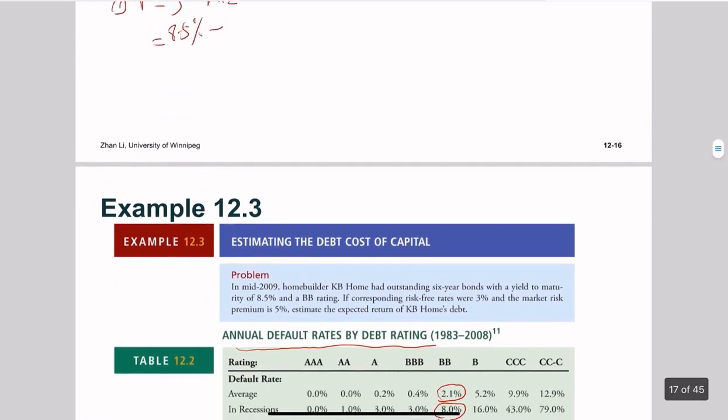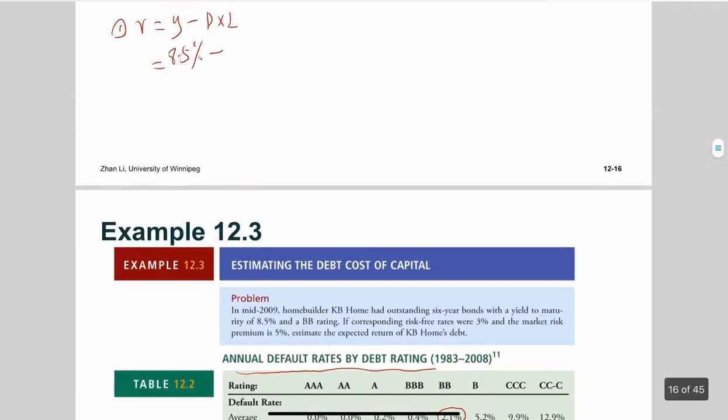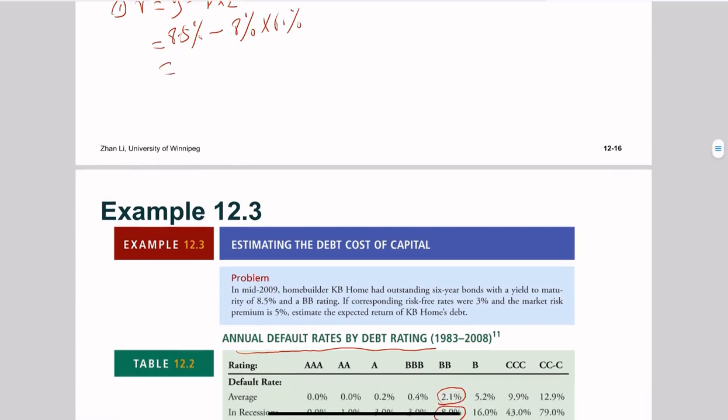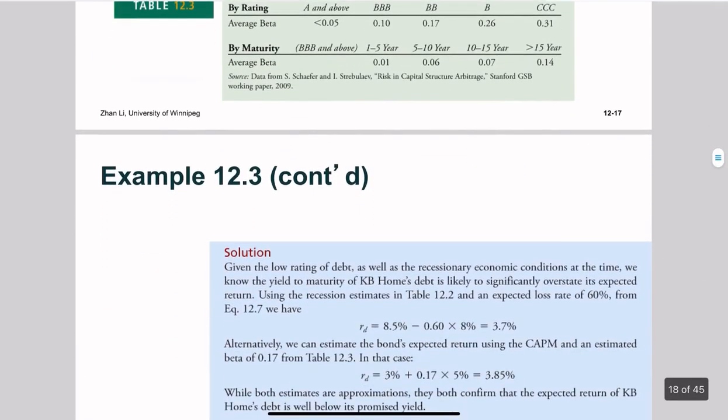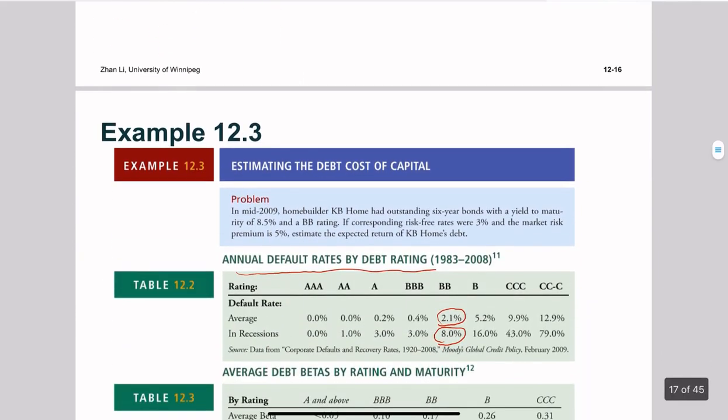So here we will use the probability of default rates under recession. So it's 8%. Now let's assume an expected loss rate of 60%. So this gives us 3.7%.